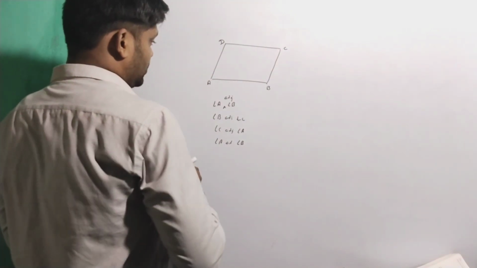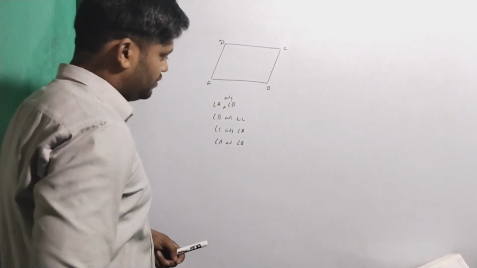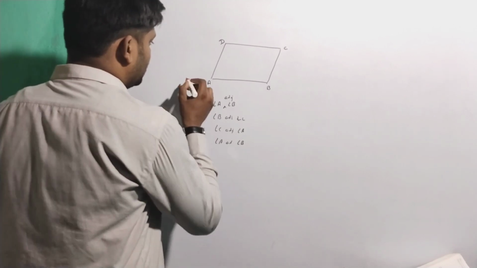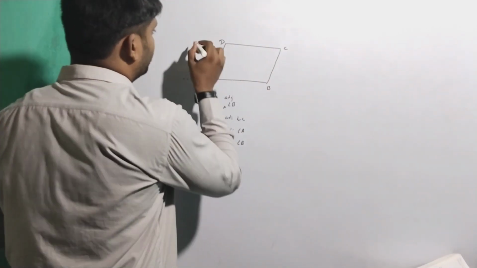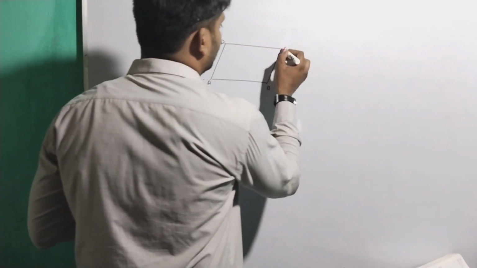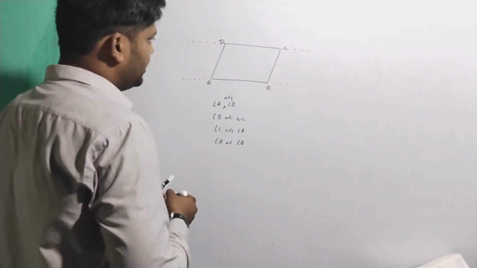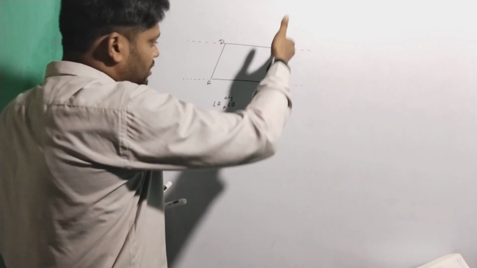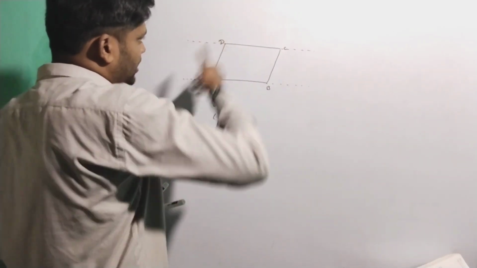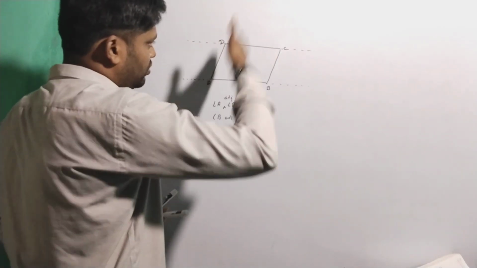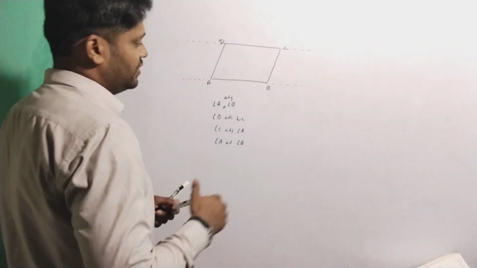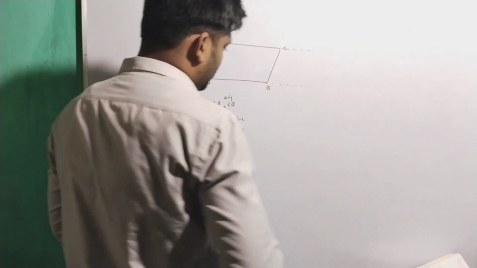Transversal means what? Let me show you what a transversal is. If I am just extending the line like this, then if you see nicely, these two lines cut the parallel lines. So then we will say that they are transversal. Transversal, understood?